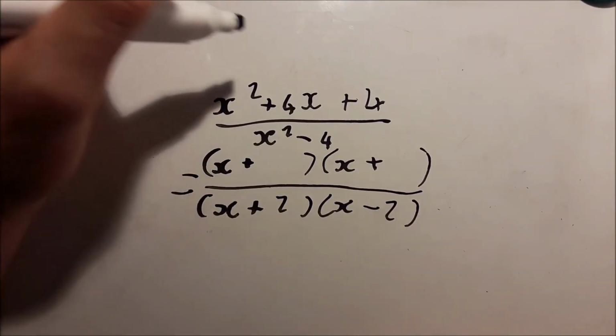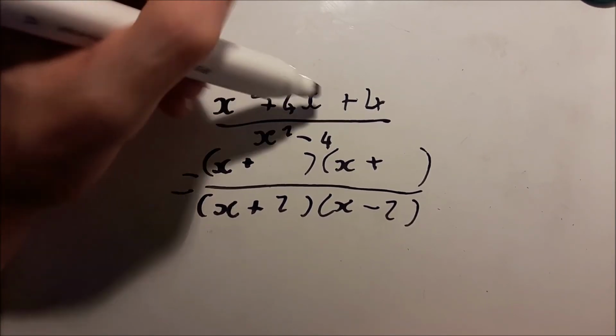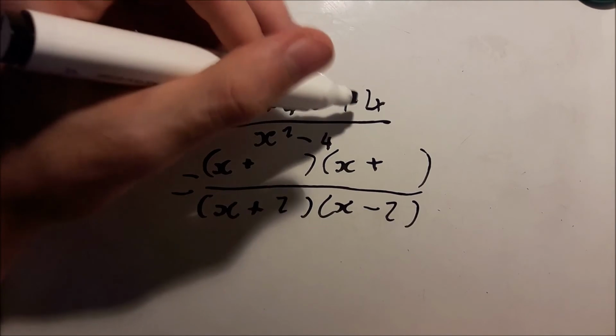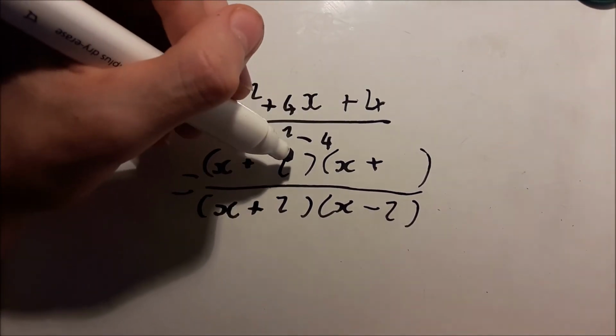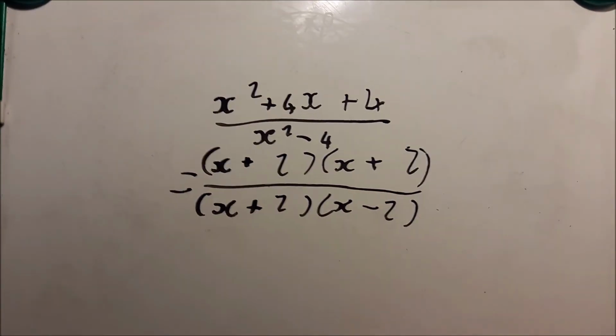Now on the top, we have x squared, we have 4 and 4, so 2 times 2 is 4, and 2 plus 2 is also 4, so there everything stays 2.